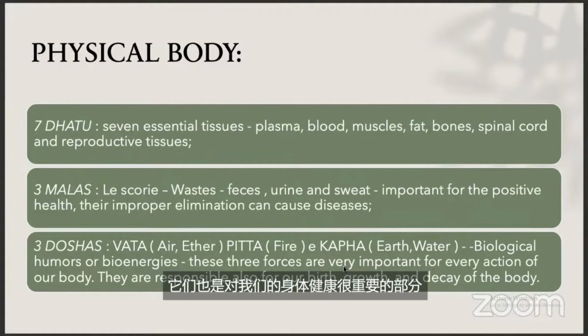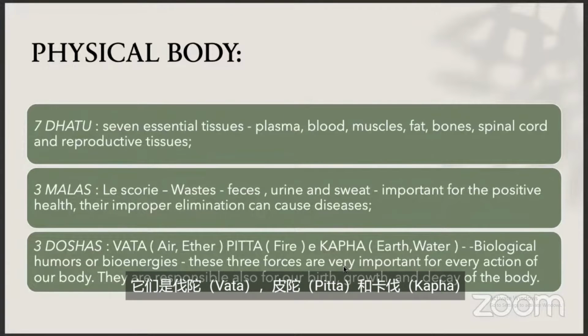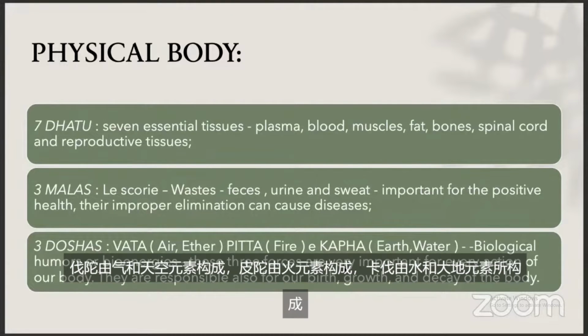They are also a very important part of our body for positive health, and their improper elimination can cause diseases. The third and most important part of our physical body is the doshas: vata, pitta, and kapha. Vata is made up of air and ether, pitta is made up of fire, and kapha is made up of earth and water.